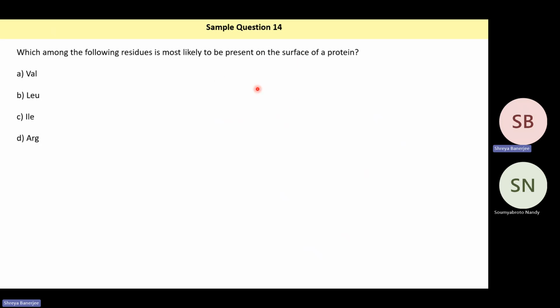When there is a protein, the hydrophobic residues are preferred to be on the interior of the protein, and the hydrophilic residues are preferred to be on the surface of the protein. So in these 4 amino acids, which one is hydrophilic? No, ma'am, I cannot remember that.